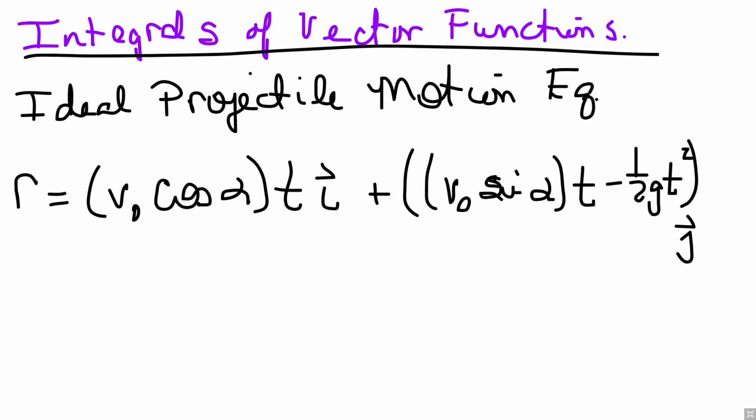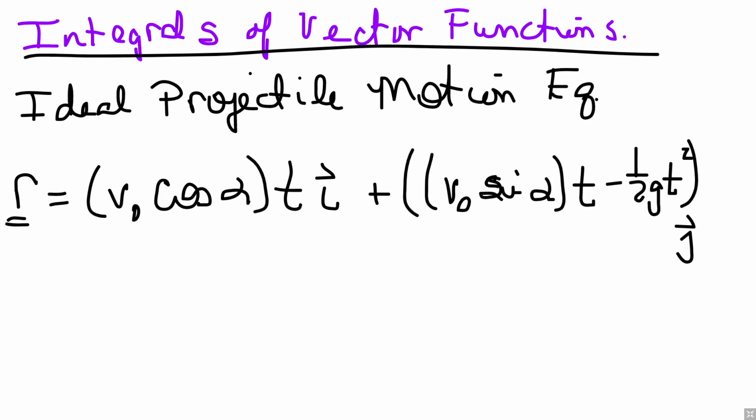Okay, so basically, if you remember, r represents your position function, and this is representing how the object is moving.